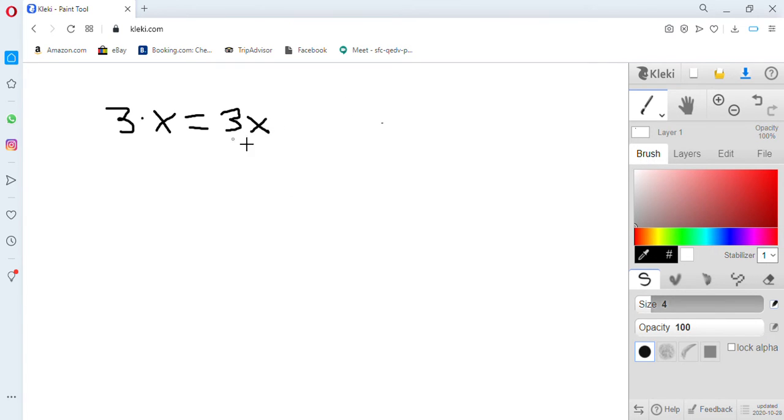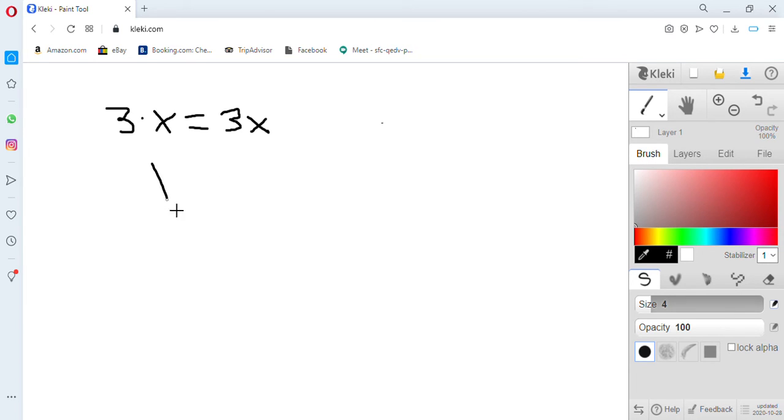So when it comes to having a number and a letter and you're multiplying them together, you just combine them together. If it's a letter multiplied by a letter, it'll just be those two letters combined.